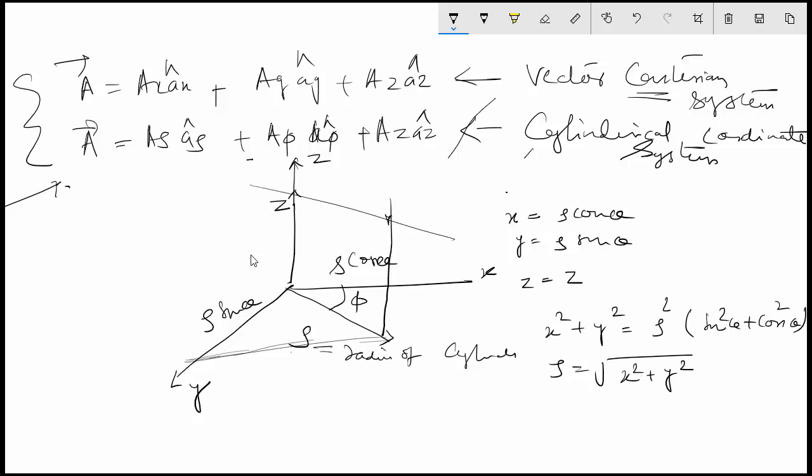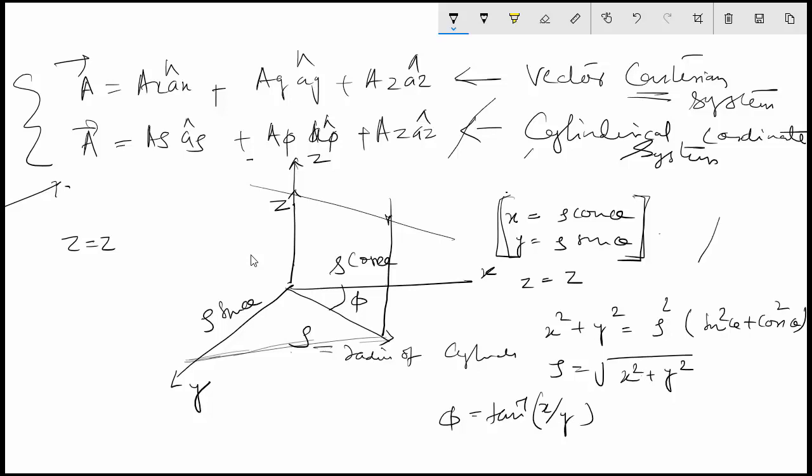And again, it's possible to find the angle phi equal to tan inverse y by x, by taking the ratio of these two. So that was how you were finding your phi, and your z was equal to z itself. So in this way you found out the relation between the three components.